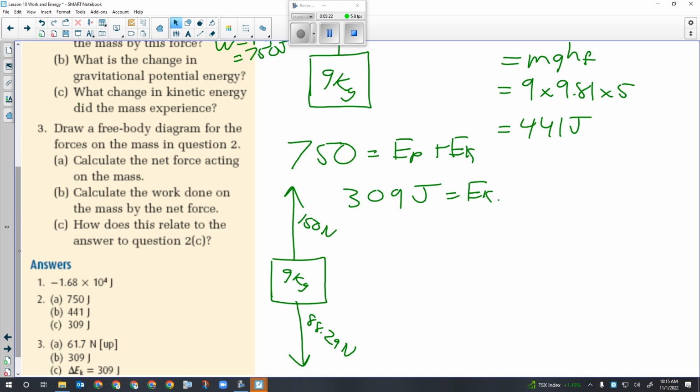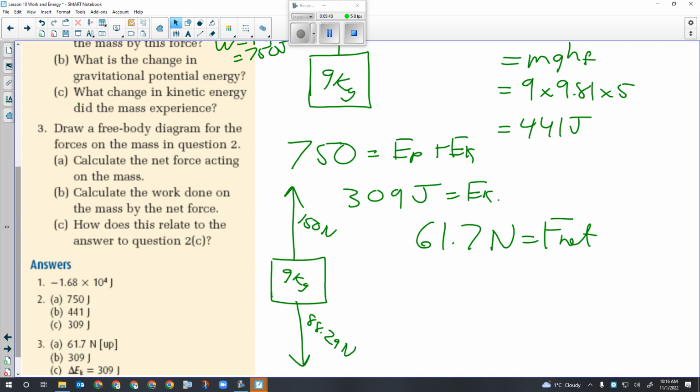So calculate the net force acting on the mass. Well, 150 minus 88.29 is going to be 61.7. Yep. So there's my F net. Calculate the work done on the mass by the net force. How do I calculate work if I've got net force and distance?